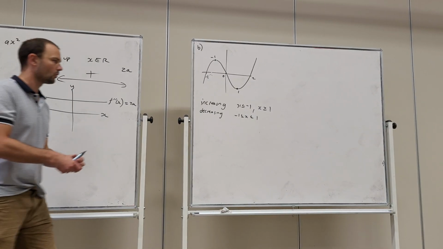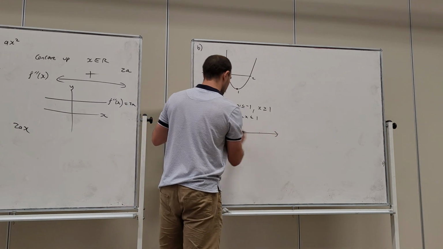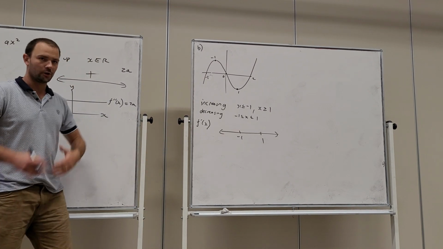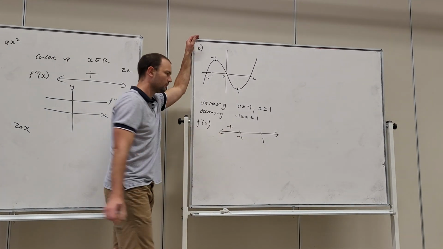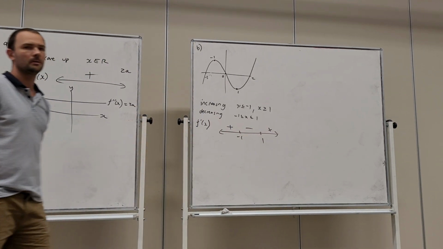And now I'm going to draw that sine diagram of the first derivative. Okay, the roots are -1 and 1. And I know if the function's increasing, we have positive slope, and if it's decreasing, we have negative slope.